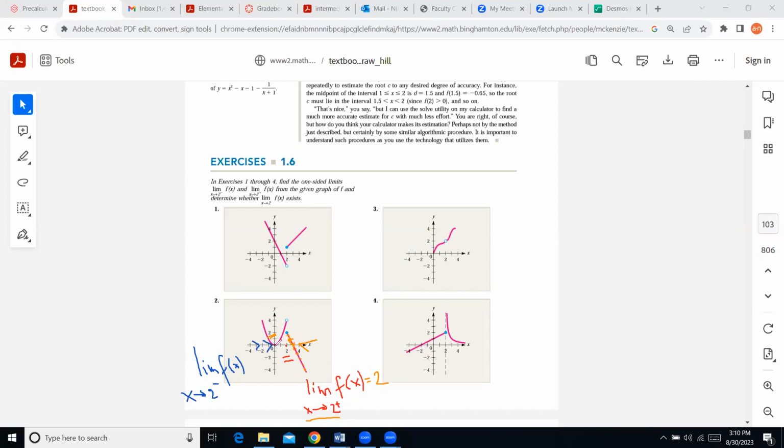That means from the left side. So it looks like now we're on the parabola, right? So we keep going up, higher, higher, higher, and reach 4. Again, the y coordinate is 4. Same? No, not the same. Means that there's no limit.